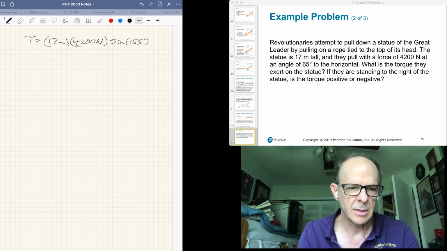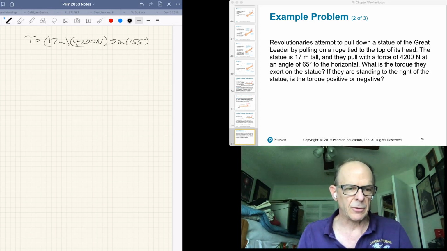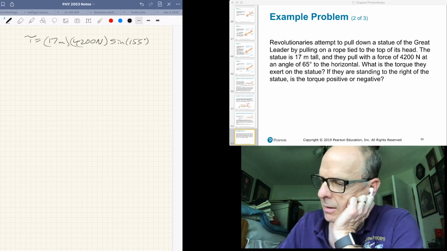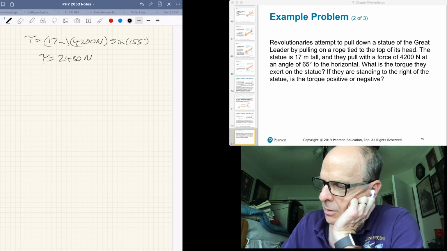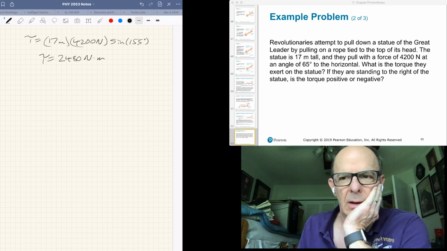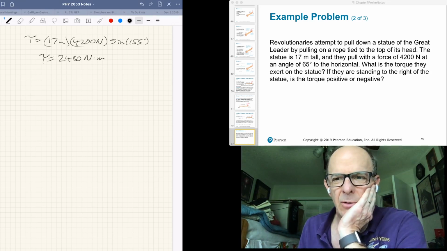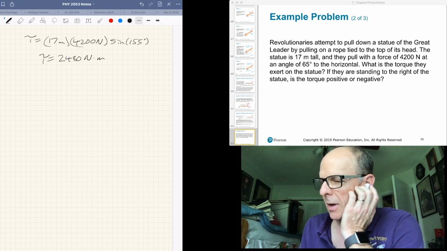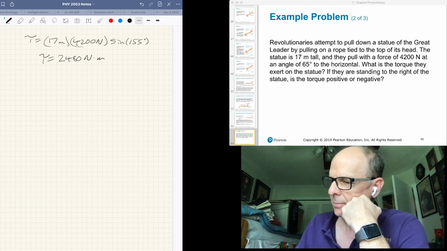I get 2,480 newton meters. A torque is always a force times a distance, so it always has units of newton meters. That's the magnitude of the torque.